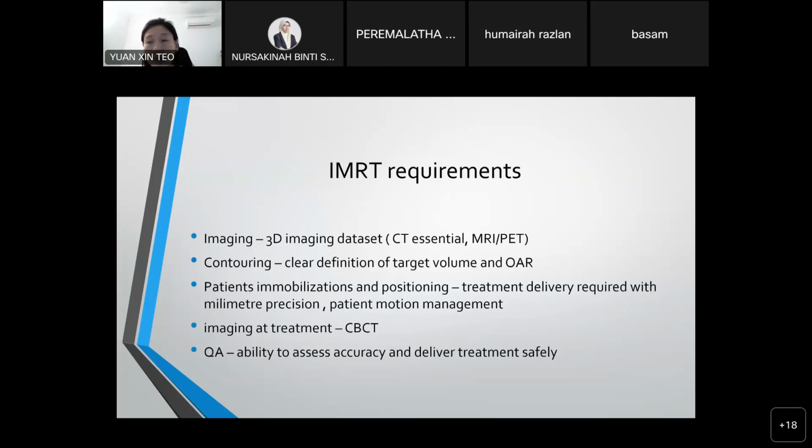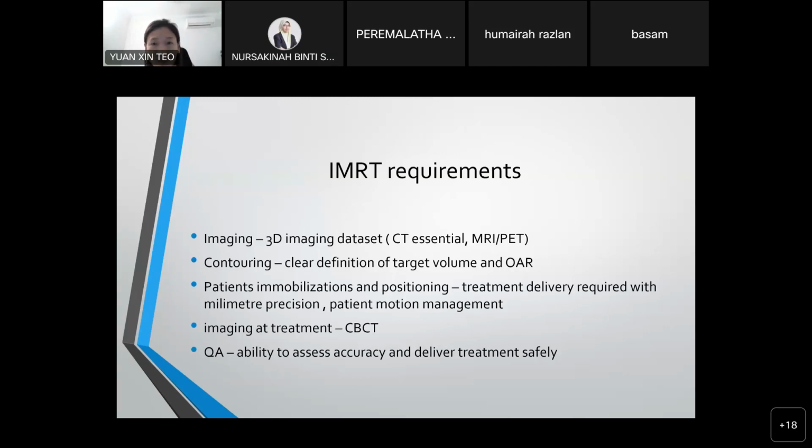This is external motion only. For this era now, we even have internal motion management. It means we can restrict your lung motions, your bowel motions, by using a lot of new 4D technology. I will show you later, because just nice, we have one patient using this 4D motion management.